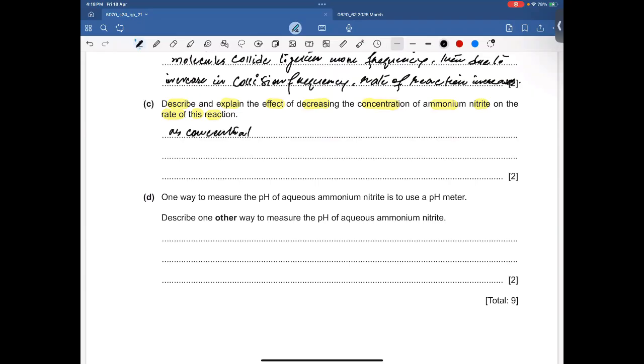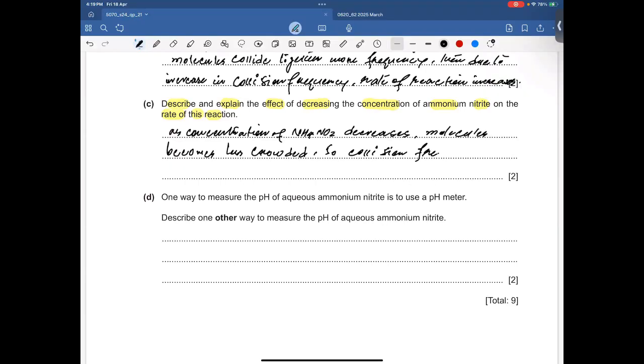As concentration of ammonium nitrite decreases, molecules become less crowded, so collision frequency decreases, and when collision frequency decreases, the rate of reaction decreases.